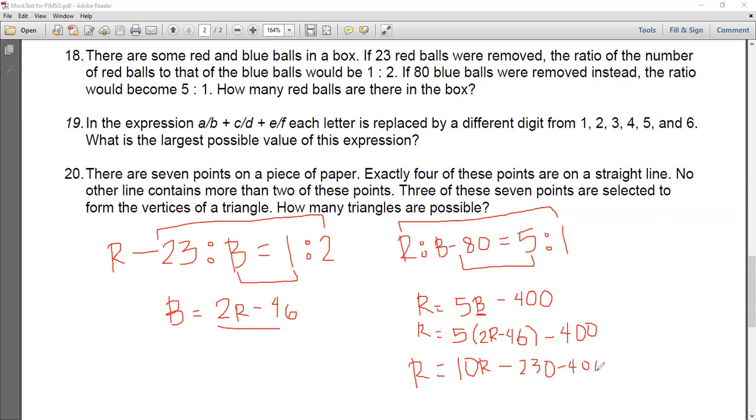Simplifying this one, negative 9R is equal now to negative 630. And we can now divide both sides by negative 9. R now will be equal to 70. So therefore, there are 70 red balls in the beginning, inside that given box.